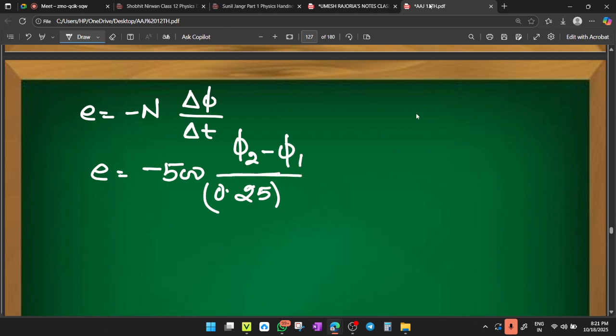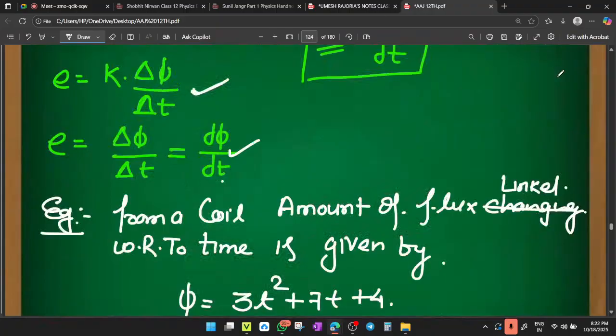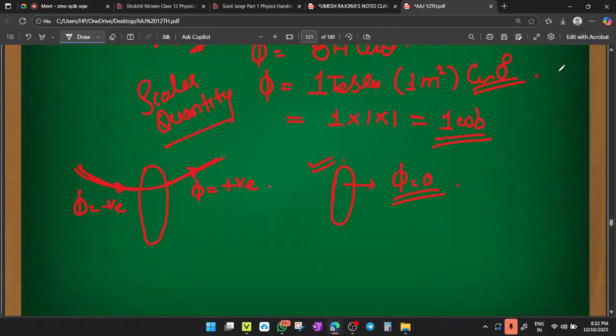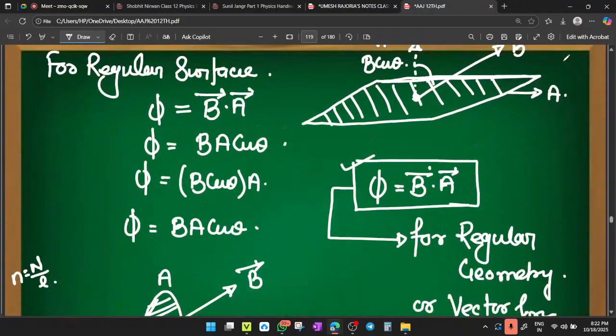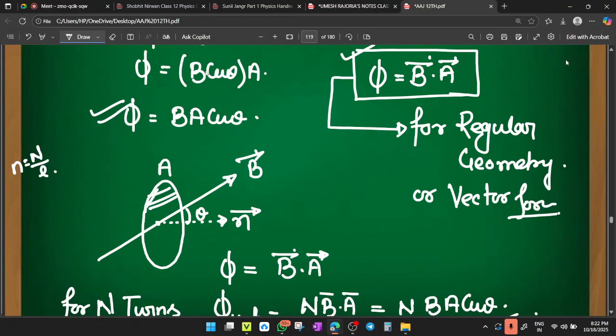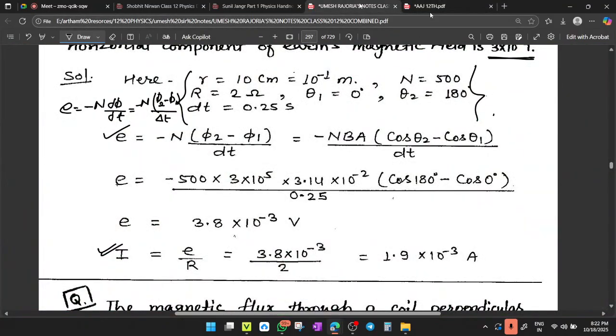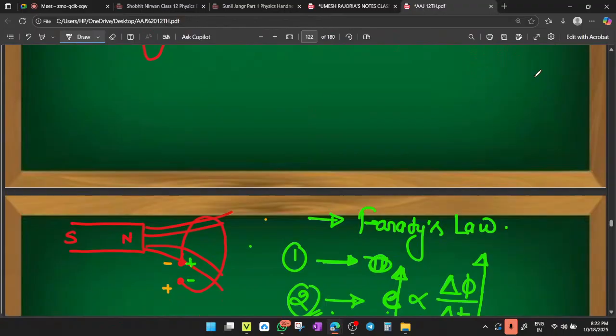Clear? Now the formula of flux phi is equals to BA cos theta. Yes or no? We have learned this formula, BA cos theta. Check here, in the first hour we have completed this. Phi equals BA cos theta.